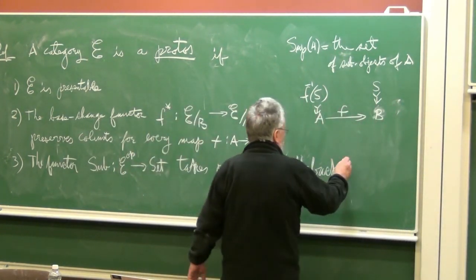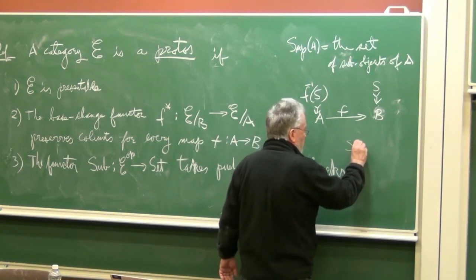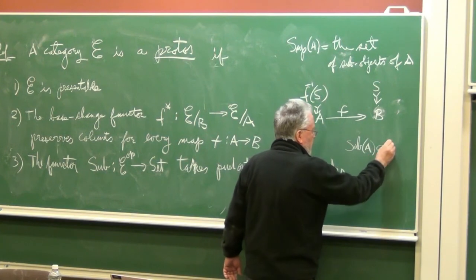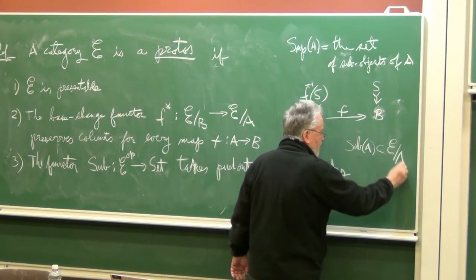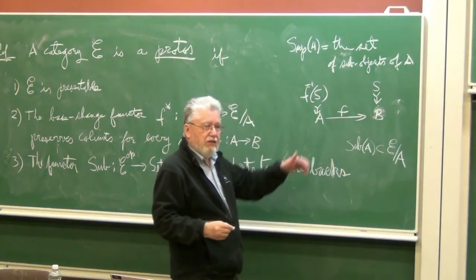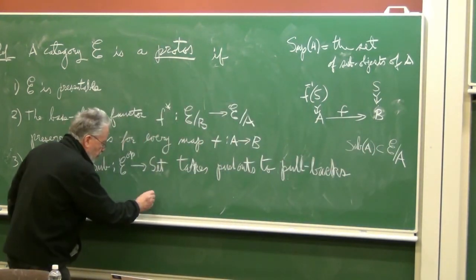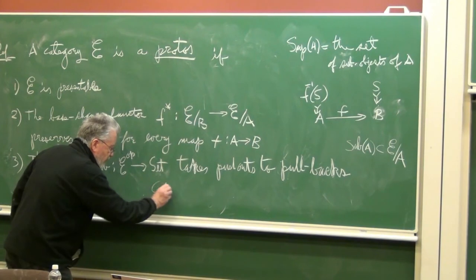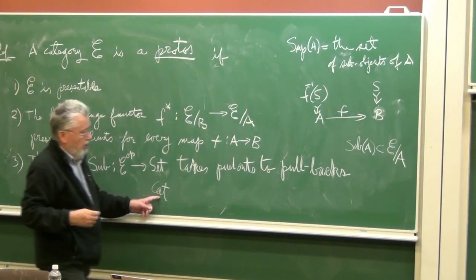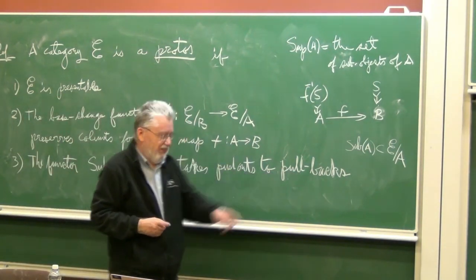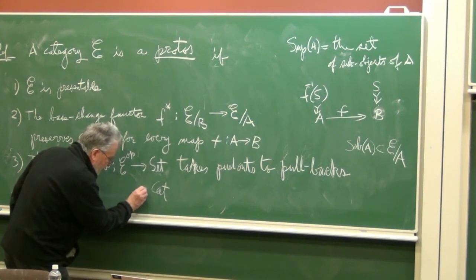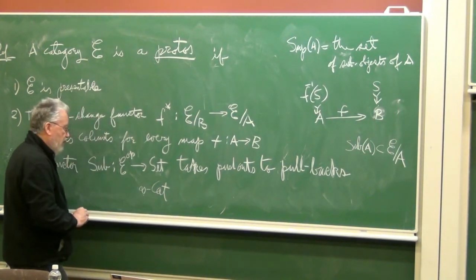So instead of taking Sub A, the subobjects of an object A contained in E over A, because they are maps, you have to replace this by Cat. Well, actually, infinity categories.